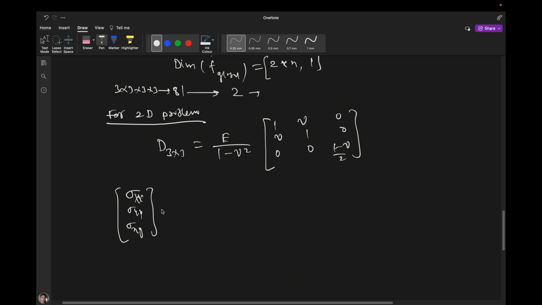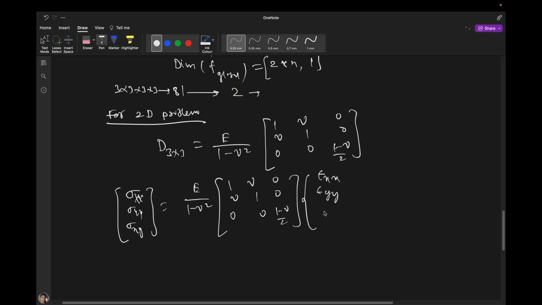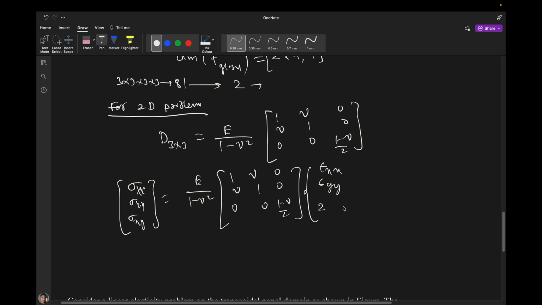It will be something like this: E divided by 1 minus nu square, times 1 nu 0, nu 1 0, 0 0 1 minus nu by 2, multiplied by epsilon xx, epsilon yy, and 2 times gamma, or we can also write it as epsilon xy.